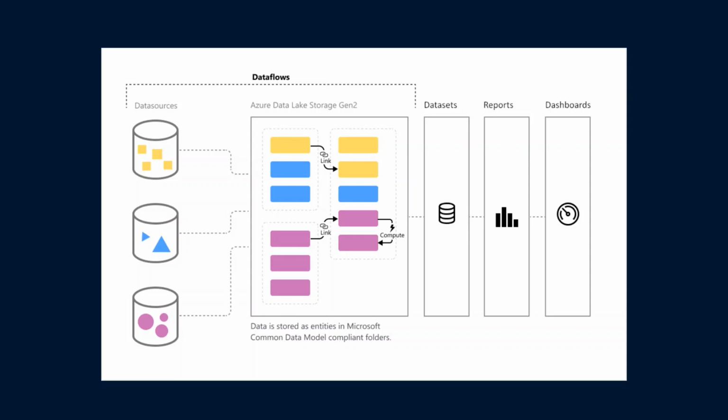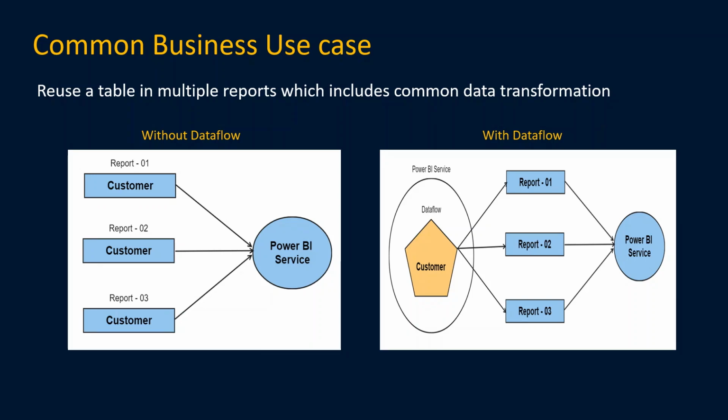Now let's go ahead and talk about the common business use case that I found. The very common use case for the data flow is to reuse a table in multiple reports, which includes common data transformation. You might have observed that in real time, there is a table in a report which is getting used in multiple reports.